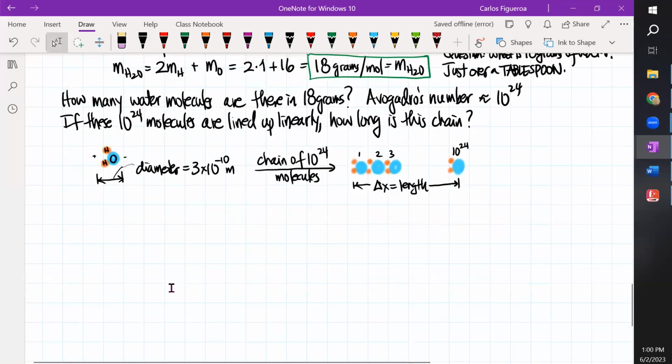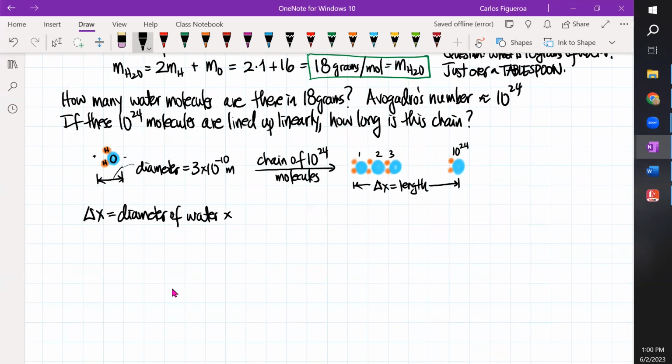Well, we can compute that. This distance is going to be delta x, which will be the diameter of water times the number of water molecules.